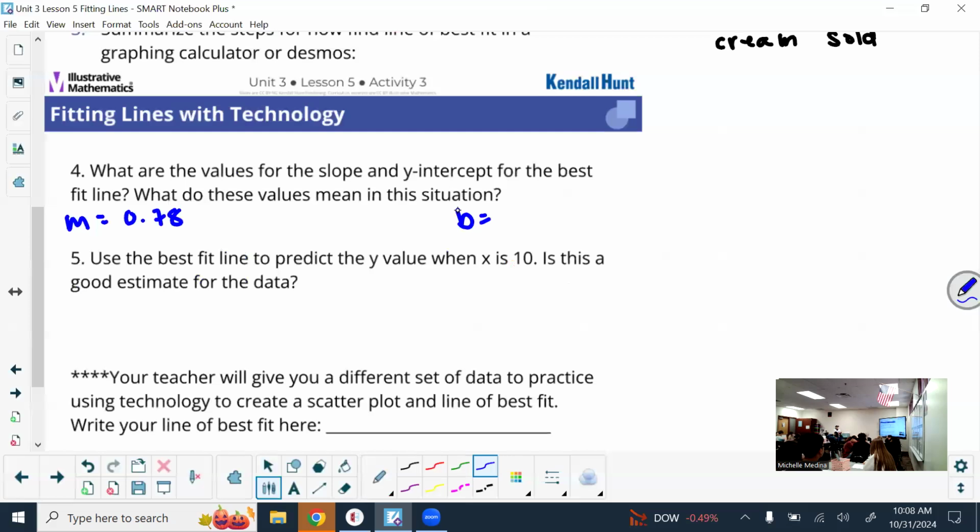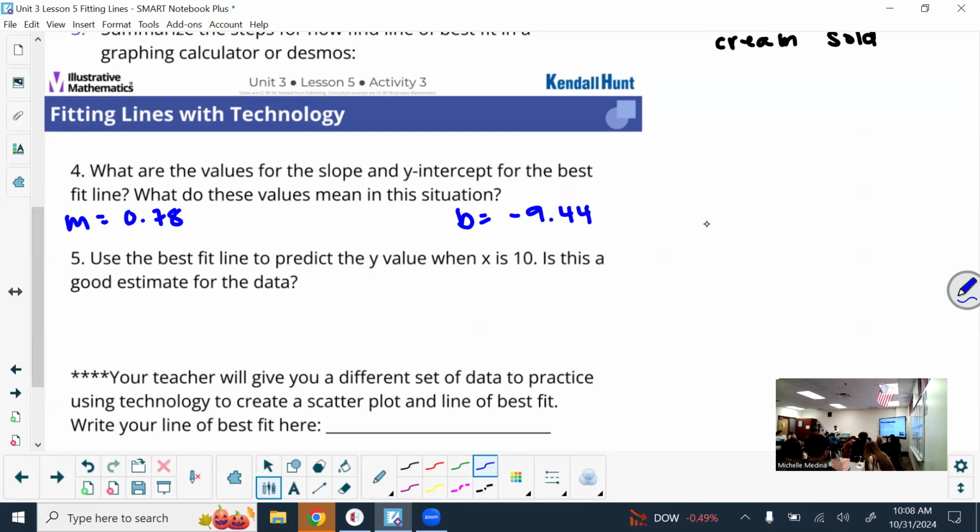And our y-intercept was negative 9.44. Now tell me in your own words on your paper what each of these mean in the situation. So like 0.78 what? Negative 9.44 what? Relate it back to the situation about the ice cream and everything.